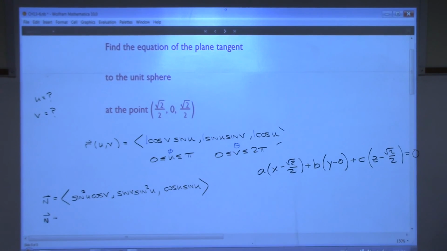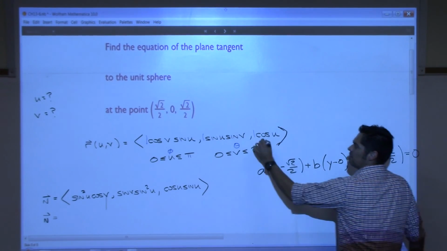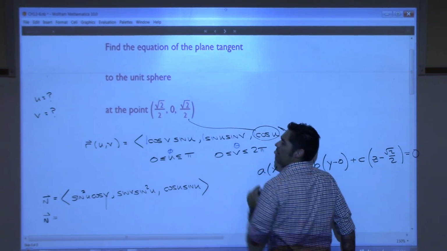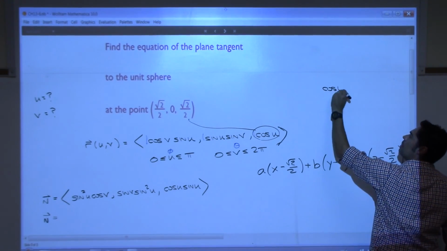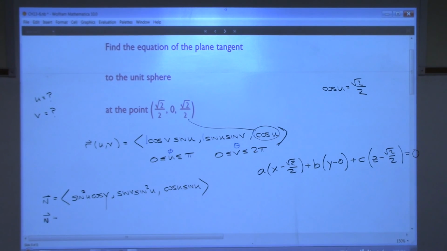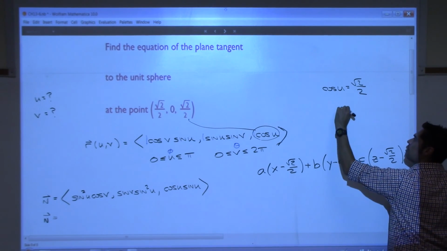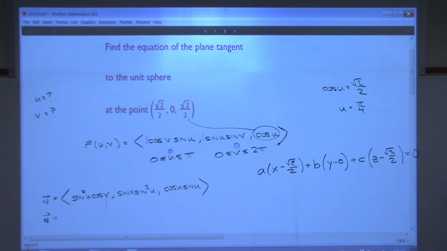So where do you want to start? I know that this right here has to turn into that. I know that cosine of u has to be root 2 over 2. Can you tell me what u has to be then? Where's cosine of u root 2 over 2? Pi over 4? U must be pi over 4. Anywhere else? 3 pi over 4?